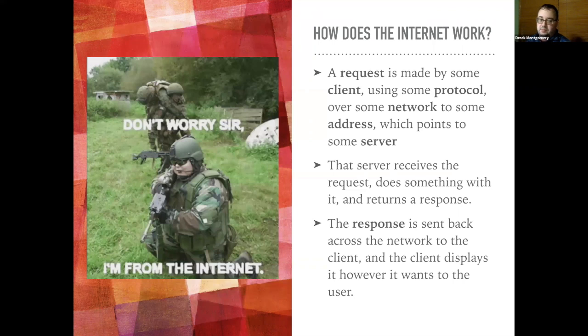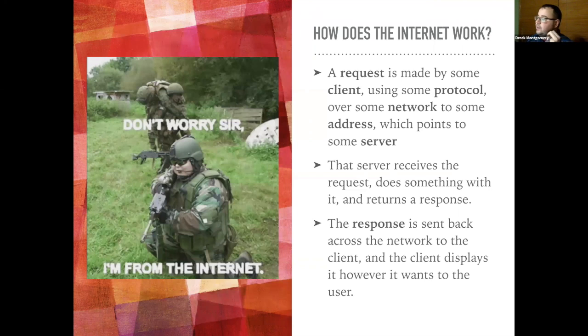It is made by some client, which is your internet browser, using some protocol, HTTP, over some network, Comcast, to some IP address, which points to some server, which is somebody's computer. So you are using your internet browser to ask some other computer for some piece of information. That's step one, called your request.